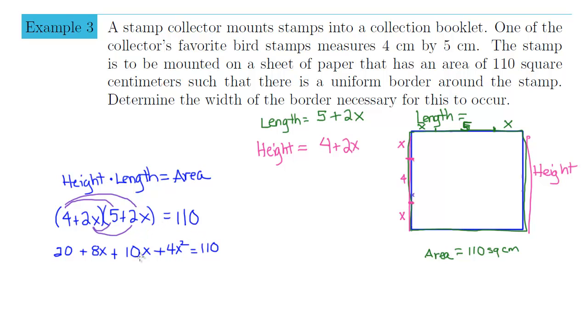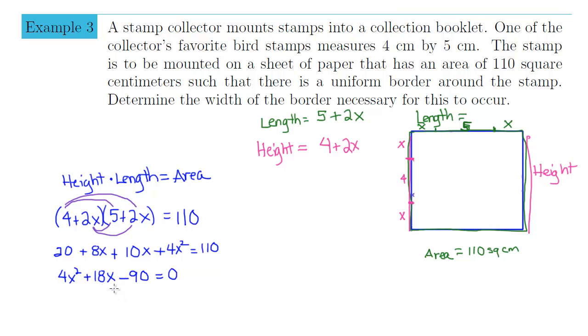So we bring all the terms to the left side, we collect them, and set it equal to 0. So we have 4x squared plus 18x, because the 8x and the 10x get combined. And then we bring the 110 over, add it to the 20, and that gives us minus 90 equals 0. So we've collected all the terms to the left.